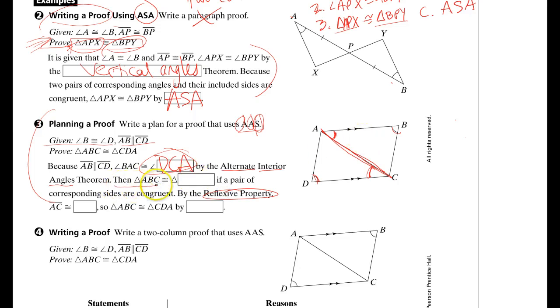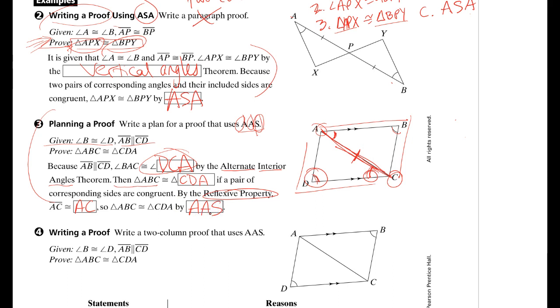Then triangle ABC, from A to B to C, that means I have to start over here and name this one C to D to A. If a pair of corresponding sides are congruent by the reflexive property, AC would be congruent to AC. So these two triangles are congruent to each other by angle, angle, side.